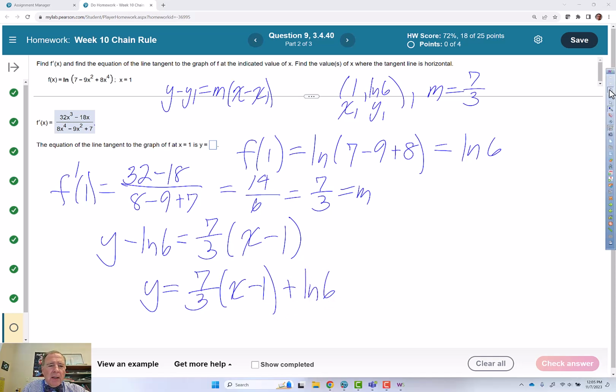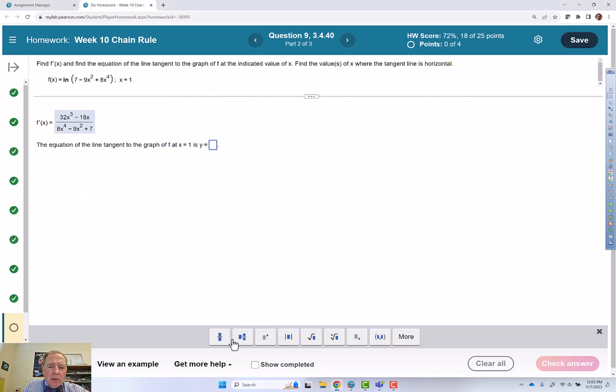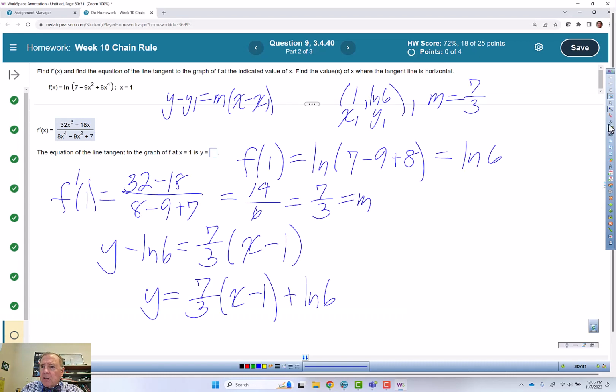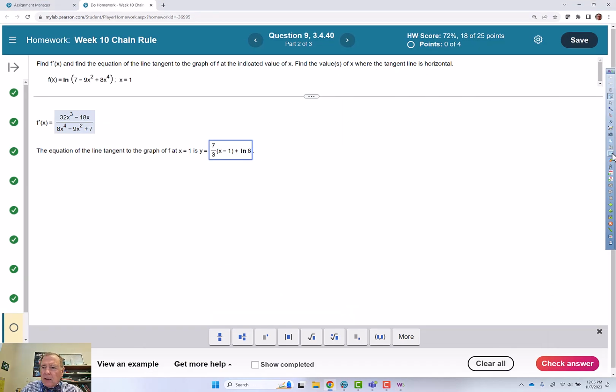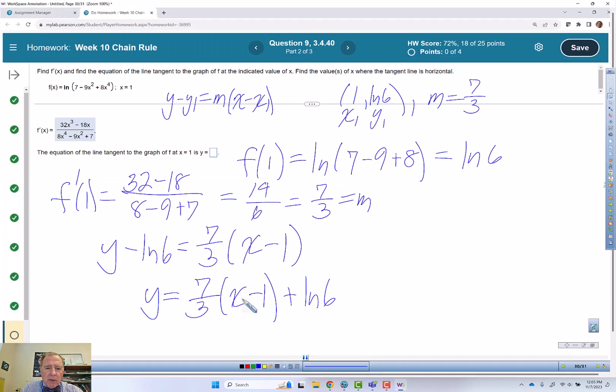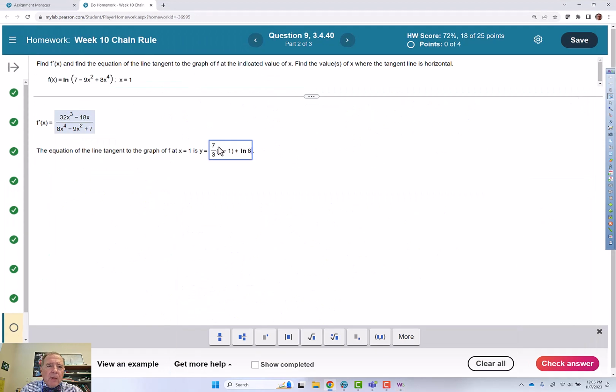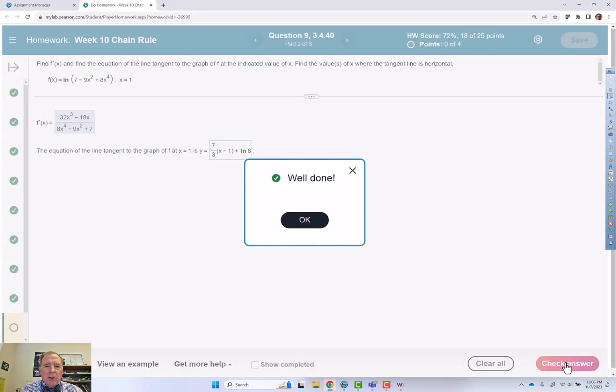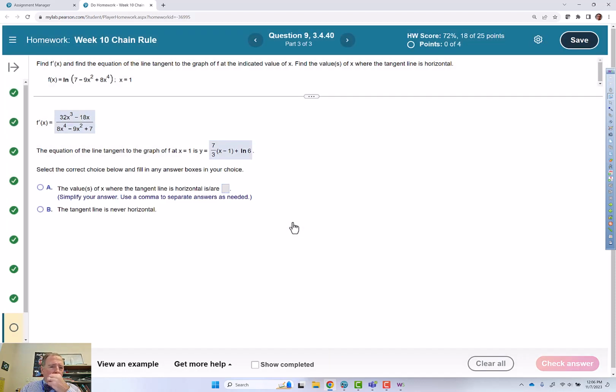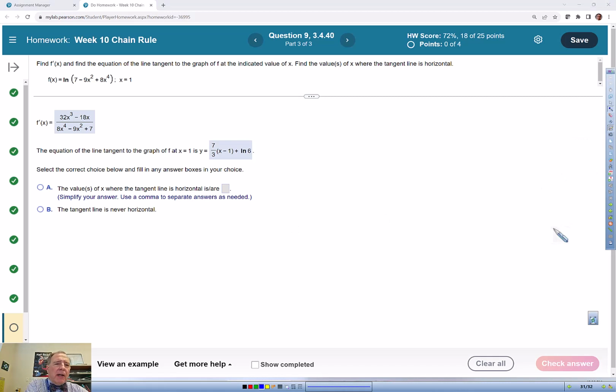So y equals 7/3, parenthesis x minus 1, then plus natural log of 6, and check that one more time. Check answer, well done.